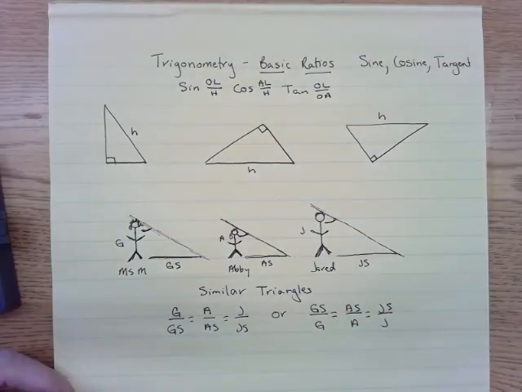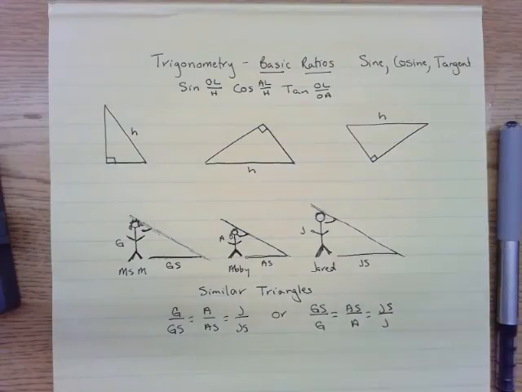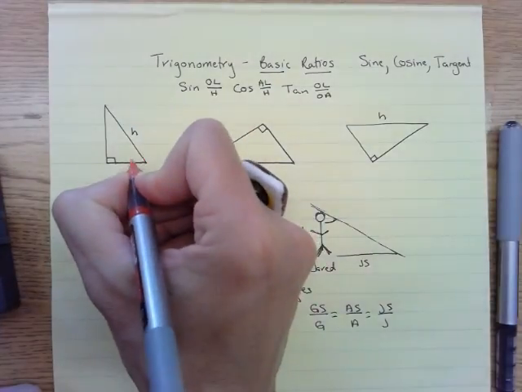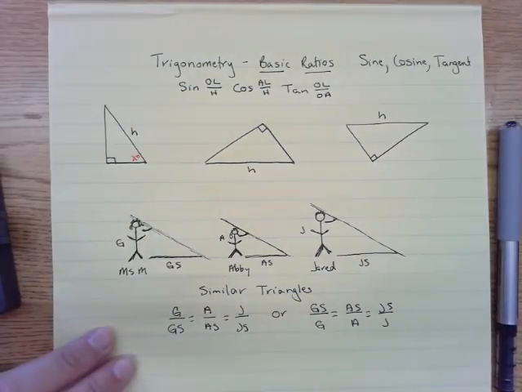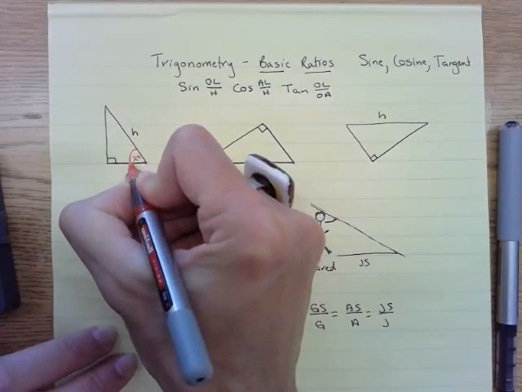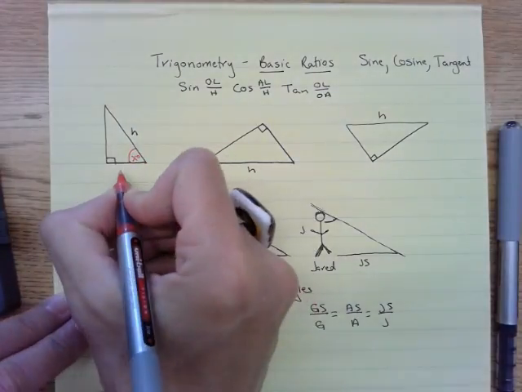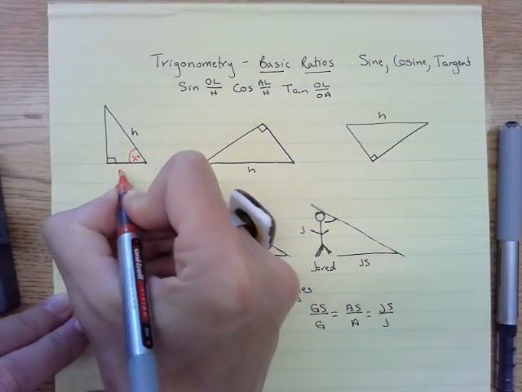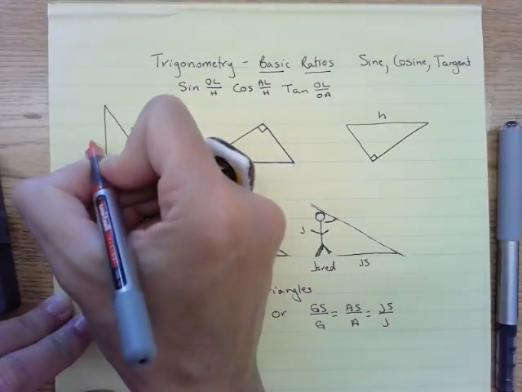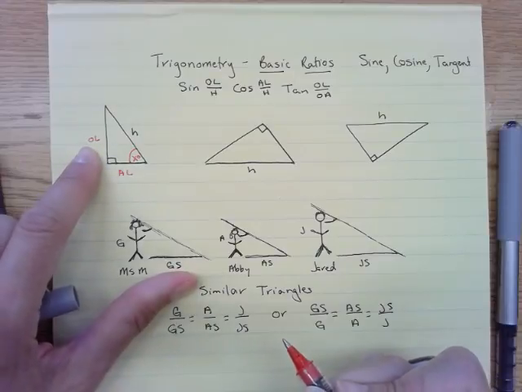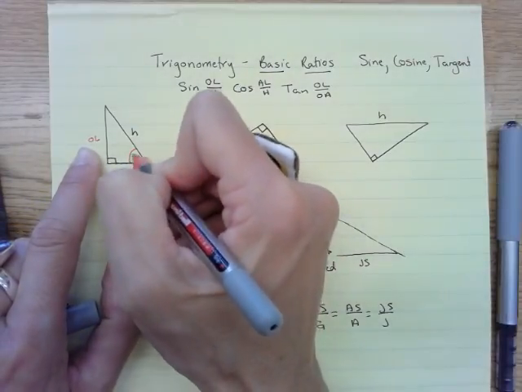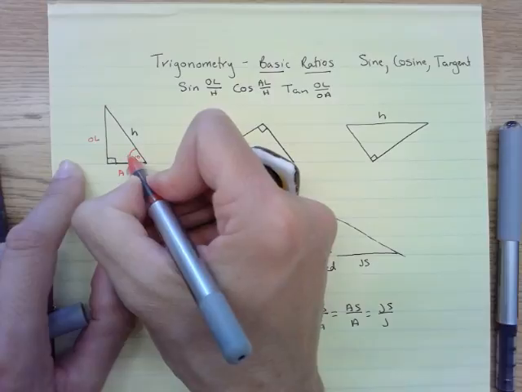So now what does that all mean? That means that if I look at a particular angle, I'm going to call this angle X degrees. And if I label each side, here's our adjacent leg, and here's our opposite leg. Why is this called the adjacent leg and this is the opposite leg? Because here's the angle, and this leg is right next to the angle.